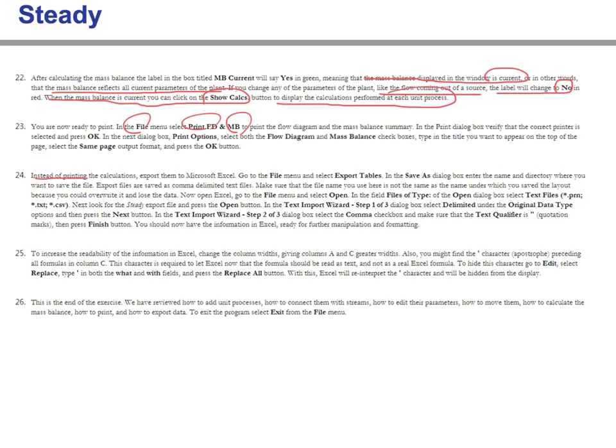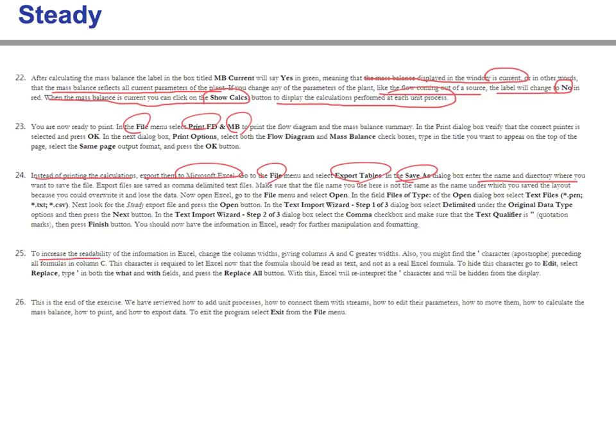Or instead of printing the calculation, we can export it to Microsoft Excel. Go to the File menu, choose export tables, and in the Save As dialog box, enter the name and directory, and then you can export the numbers that you get from this calculation.